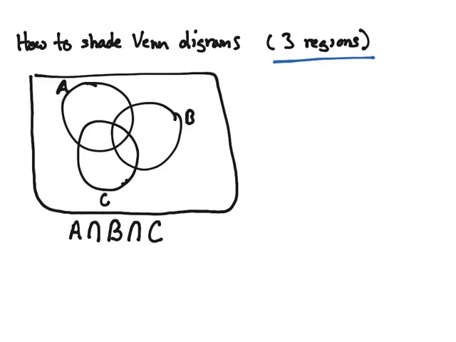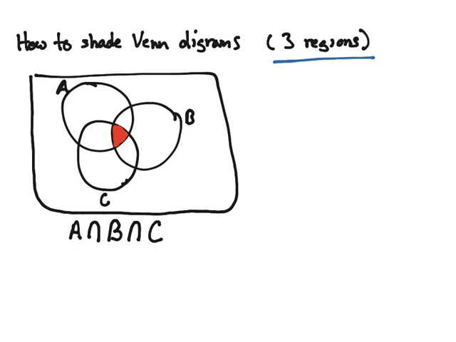Remember when we talked about intersection, we want to know where all 3 regions overlap. And they're all going to overlap right here. That shaded region will exist in all 3 circles or regions.